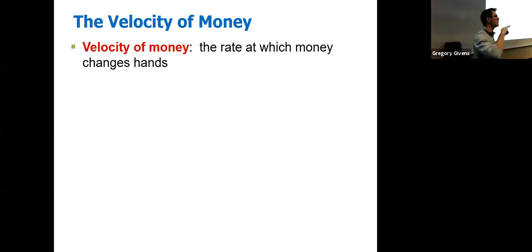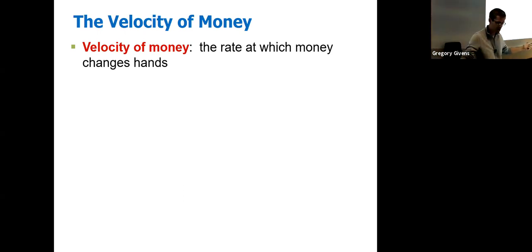When you were in your high school or college physics class, you talked about velocity. Velocity is essentially the rate or the speed at which an object travels through time, right? So a car travels 60 miles an hour down the highway. A baseball player throws a baseball at 90 miles per hour. That's what we mean by velocity.